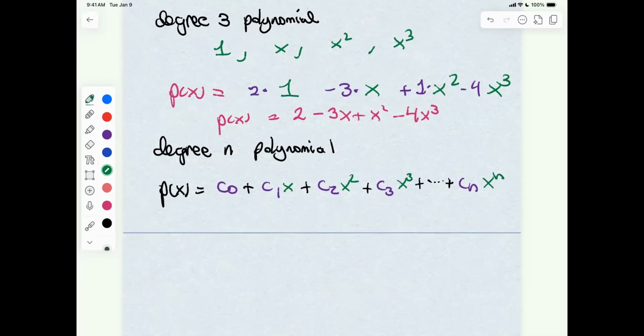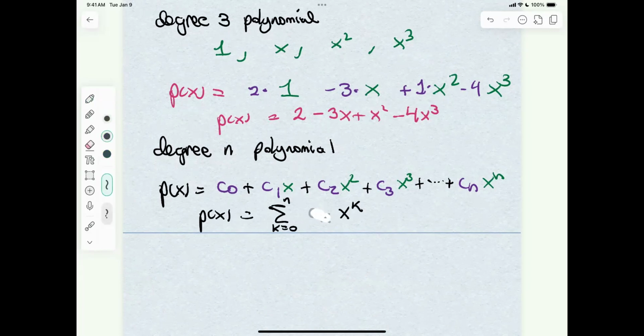With the sum notation, you can write this more nicely. And the Cks are just different numbers. They are supposed to be constants. Each Ck is a number.